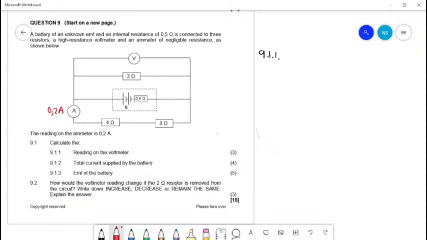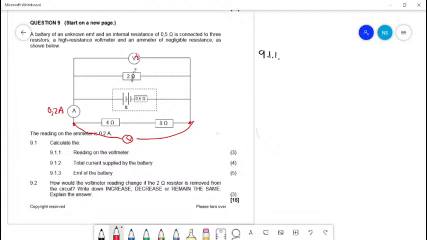What you have to know is that the voltmeter reading across these two terminals, if you were to connect a voltmeter across these two terminals, will be the same as the voltmeter reading that will be displayed here.